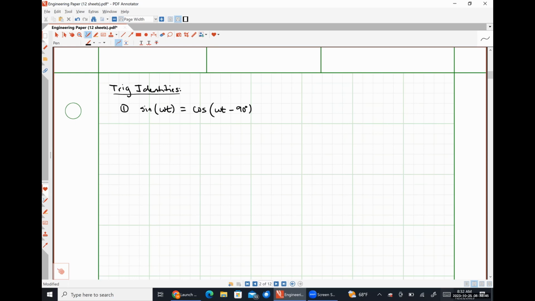So if we want to convert from sine to cosine, we simply subtract 90 degrees from our phase angle. Our second identity is that cosine of omega t is equal to sine of omega t plus 90 degrees.